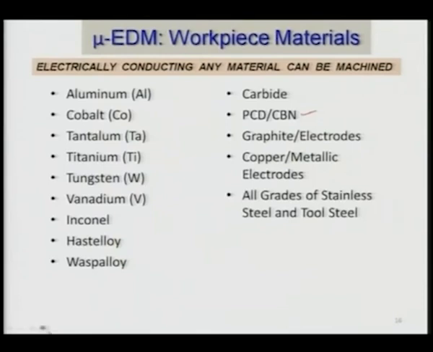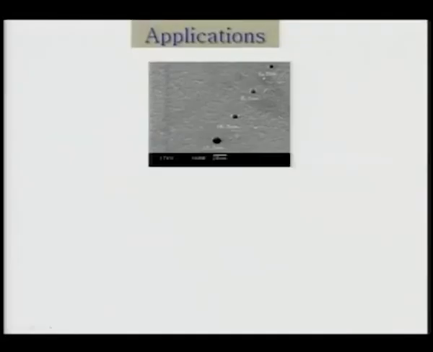Now the basic requirement here, as I have mentioned at the top, is that they should be electrically conducting, so you can use them either for making the tool or as a workpiece, depending upon the designer. Now there are some specific applications of this particular process.